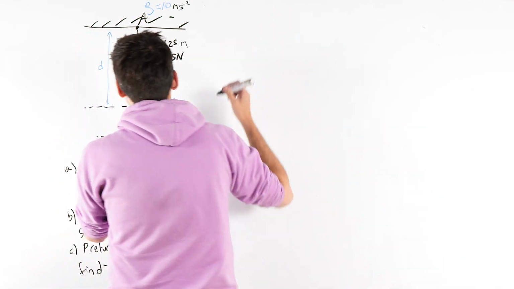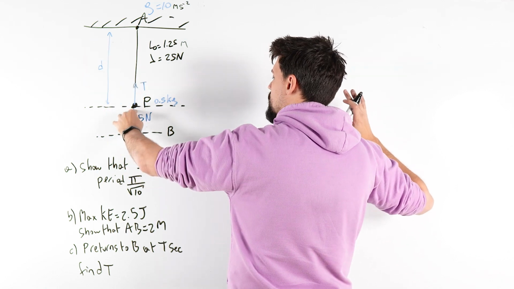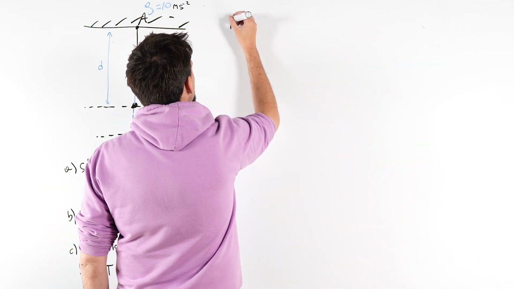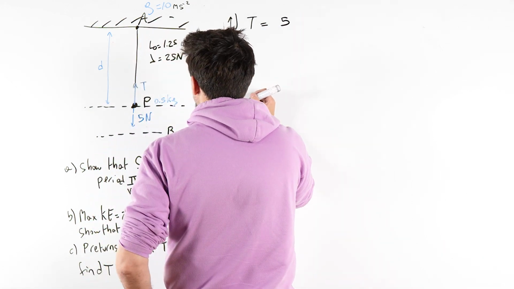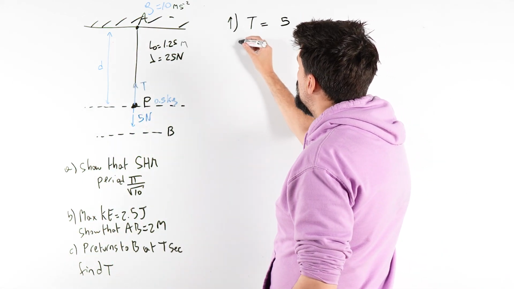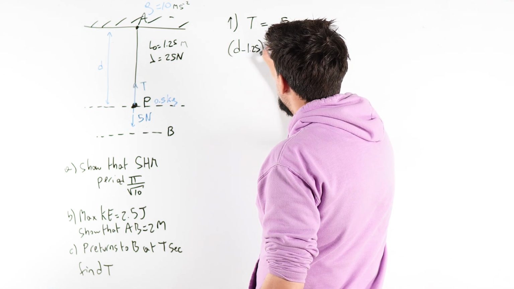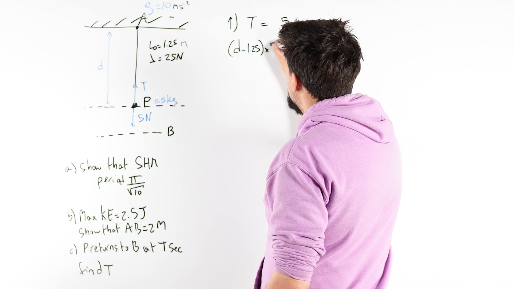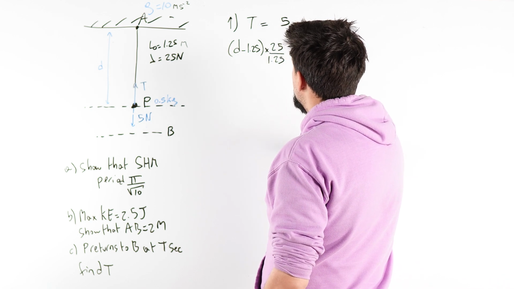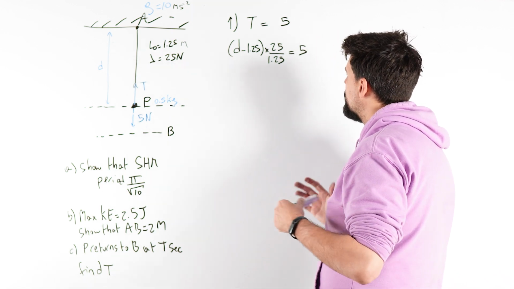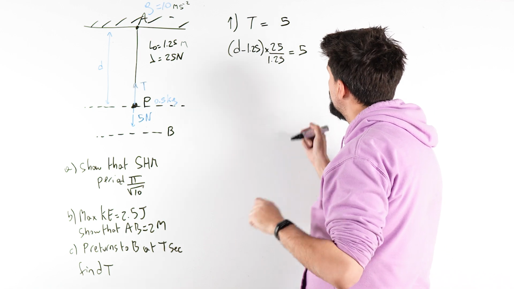So if at this point I am just in equilibrium, letting everything hang, I know by looking at the forces vertically that T is equal to 5. Now that is equal to my extension, which is d minus 1.25, times lambda over my original length. 25 divided by 1.25 is 20.